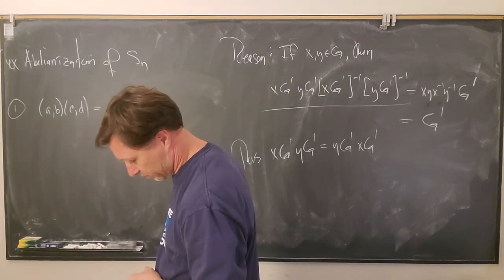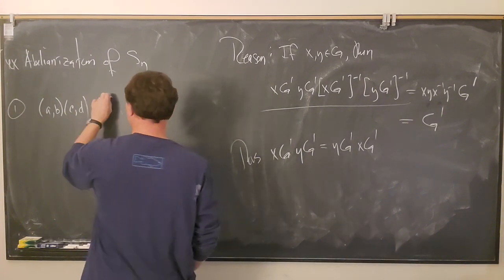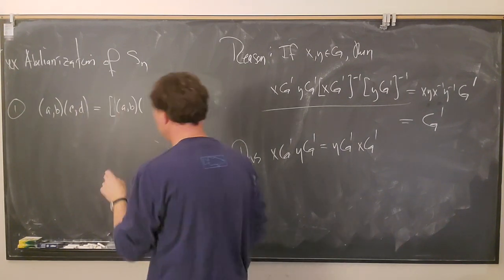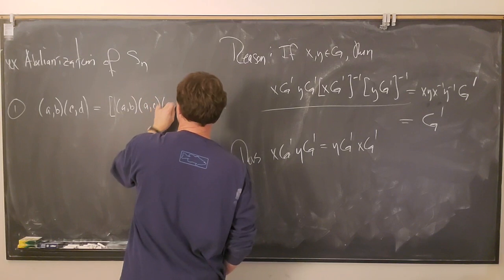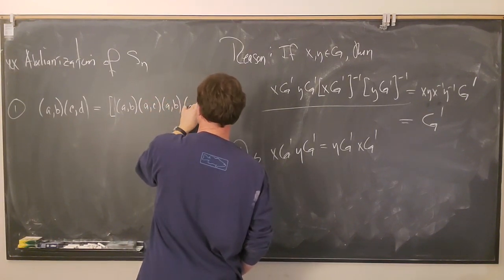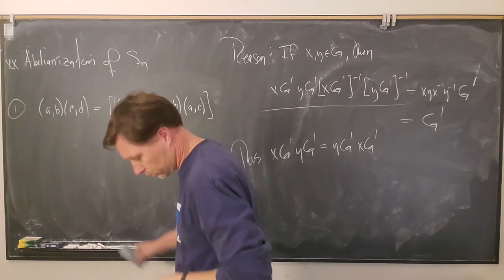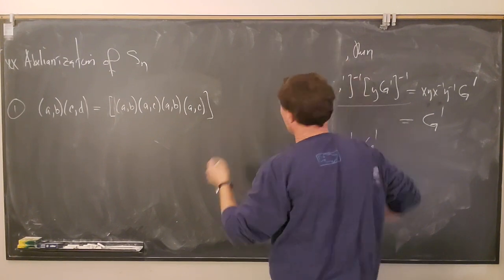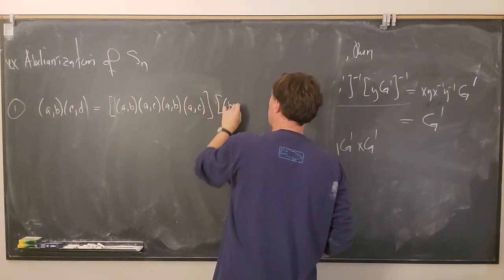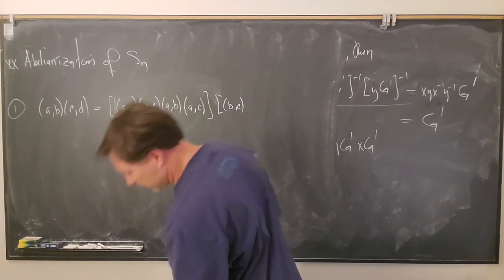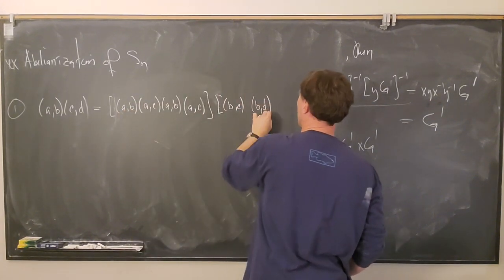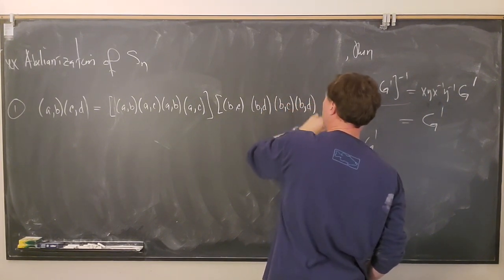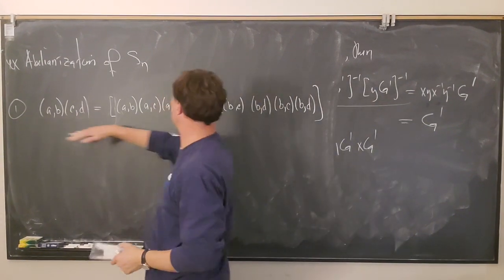I'm going to write it as, it's a little lengthy, AB times AC times AB times AC times BC times BD times BC times BD. You can just check that this is equal to this.